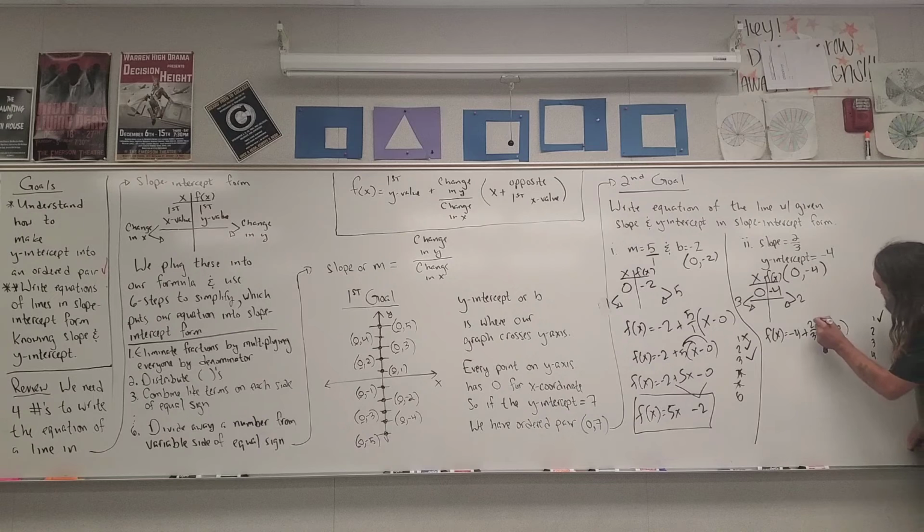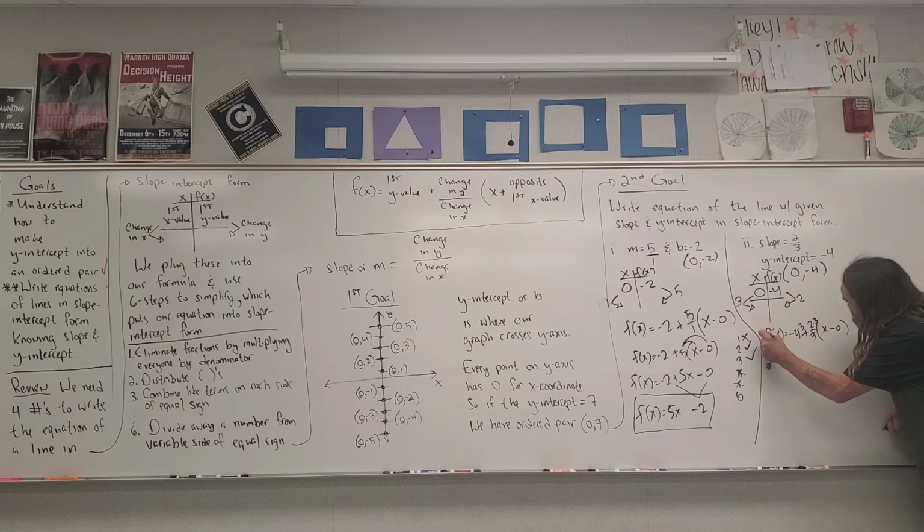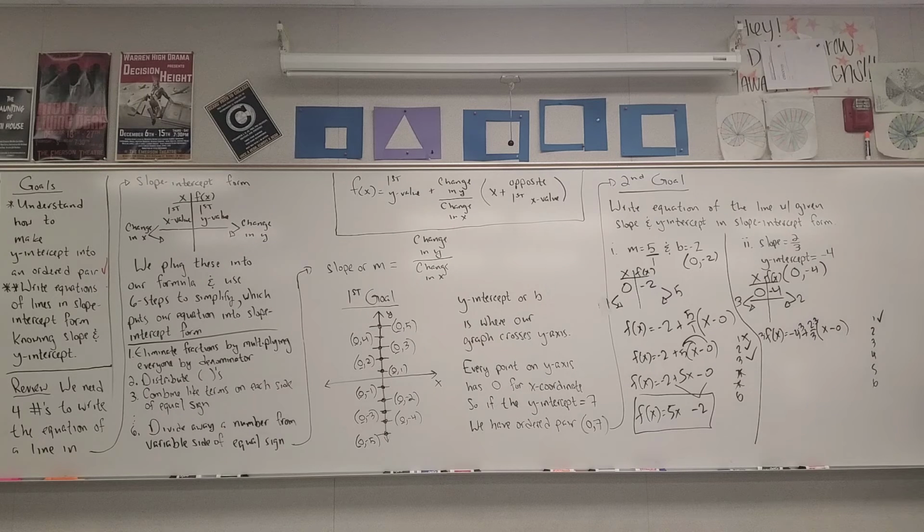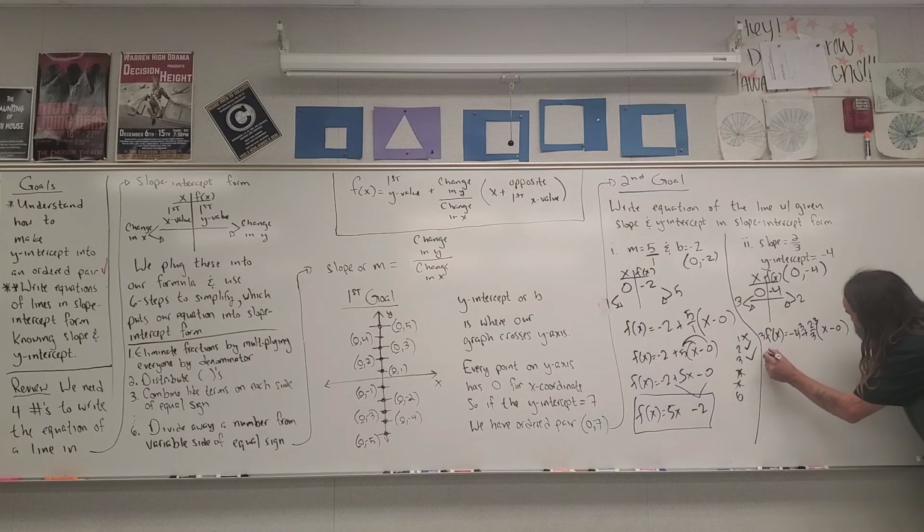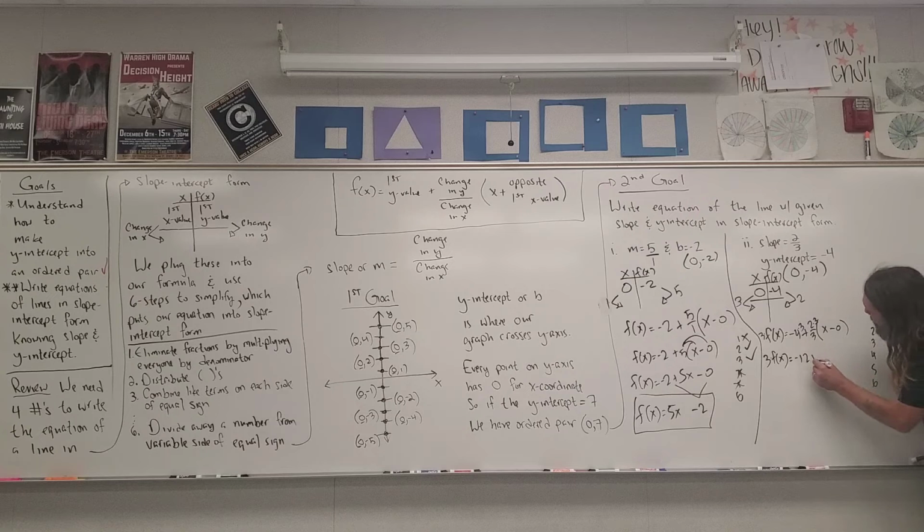So we're going to put a 3 next to the 2, we're going to put a 3 next to the 4, and a 3 next to the f of x. So now I have 3 f of x's. And that's equal to 4 times -3, which is -12, plus that 3 and that 3 cancel, so now I have plus 2x minus 0.